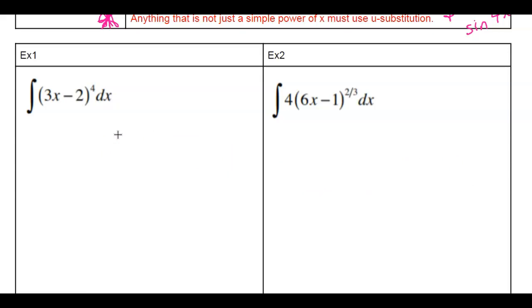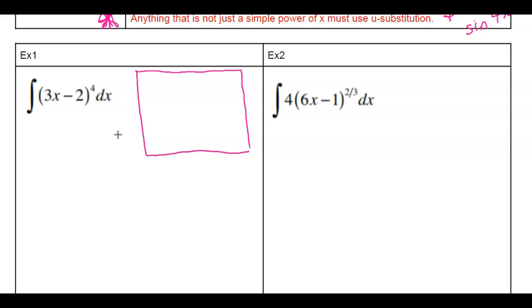I notice I have a quantity. Notice I don't just say a power of x. So I have a quantity to a power of 4. In calculus, there is no way that they want you to do all of that work by hand, okay? So what we're going to do is I call it my U box, and I really do make a box over on the side. And what you want to do is start with thinking of this problem as 2 different functions, because really the chain rule, remember, was composition.